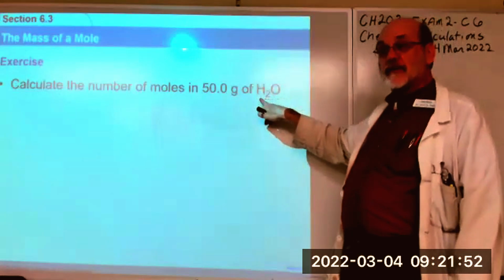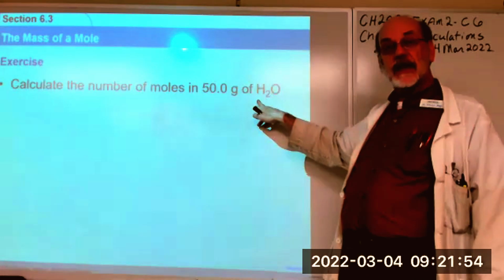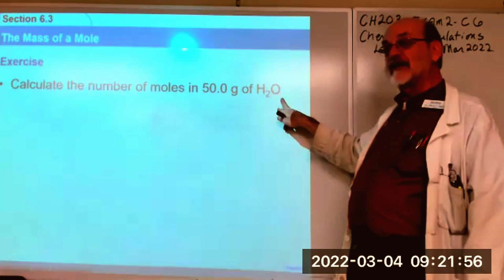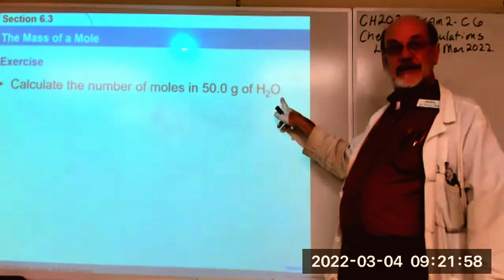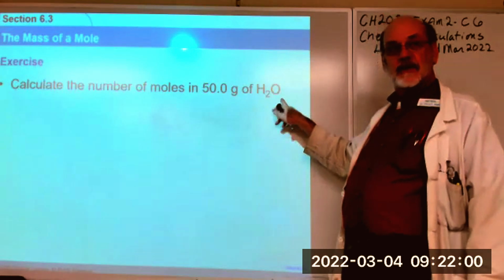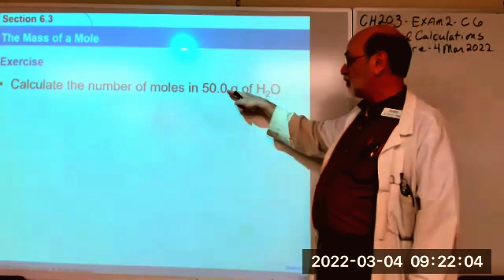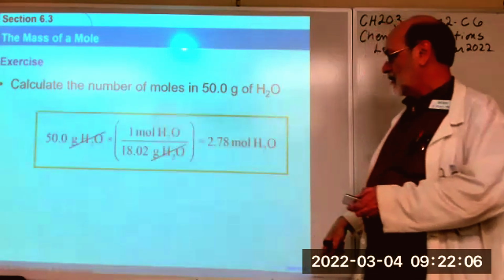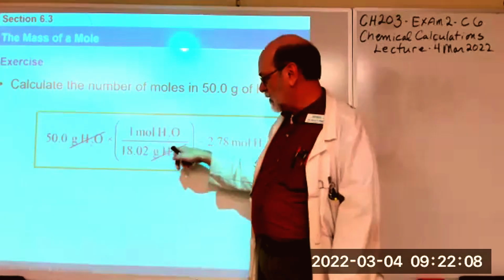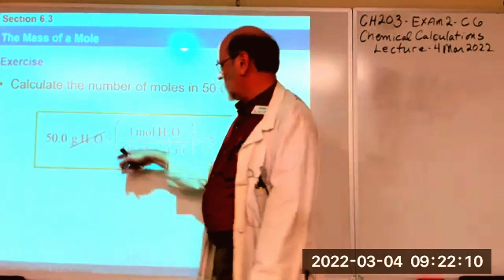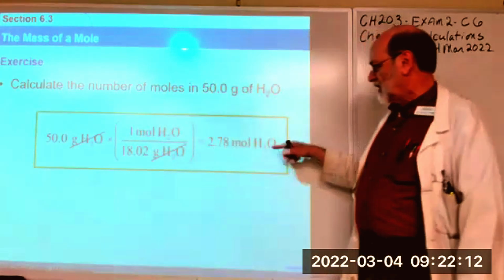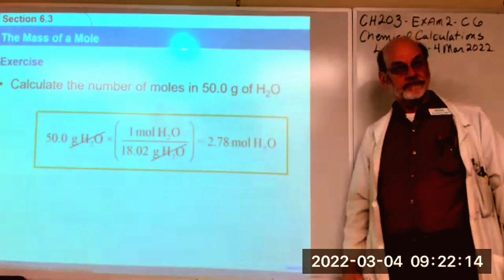So you would say 2 times 1.01 for the hydrogen, and then 16 for the oxygen will give you 18.02. 1 mole per 18.02 grams, multiplied by that. Here we go. So the grams of water cancel, leaves you with moles of water, and there's your value.